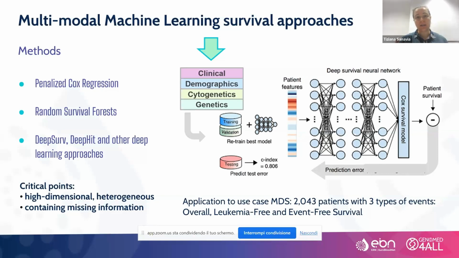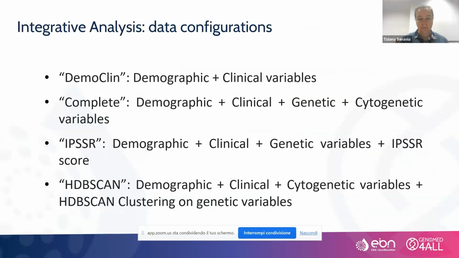Of course, this task is more challenging for us because we have to deal with high dimensional and quite heterogeneous data that can contain several missing information. So here we try to test this data and compare them to the classical approaches, also using different integration strategies.